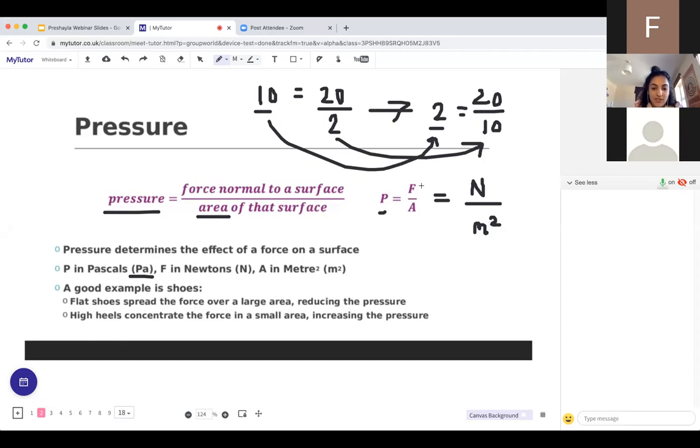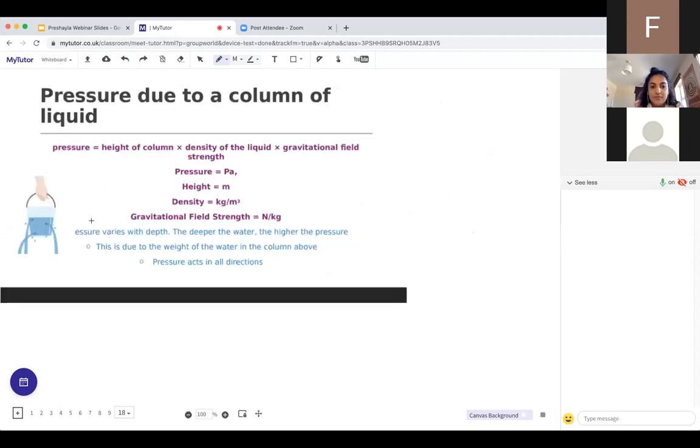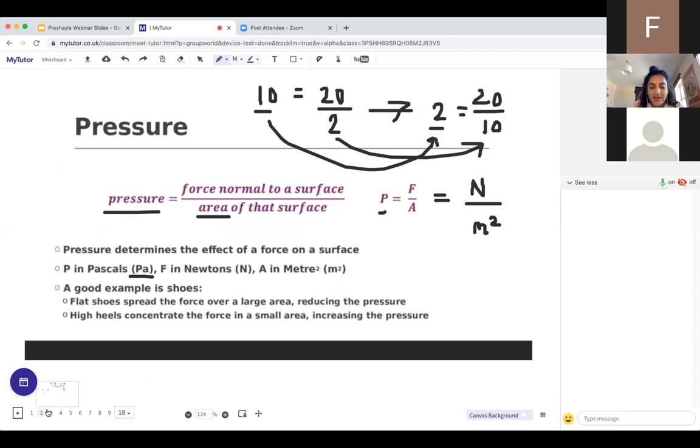So you might see it either as this equation here on the left or the simplified equation on the right, which is just P equals F over A. Okay, so that equation that I've just told you about is the pressure that we usually talk about when we're talking about solids.